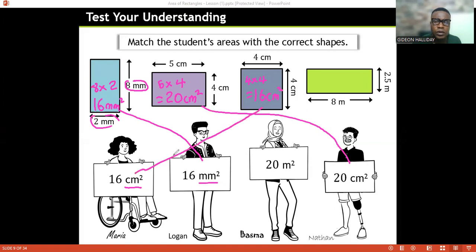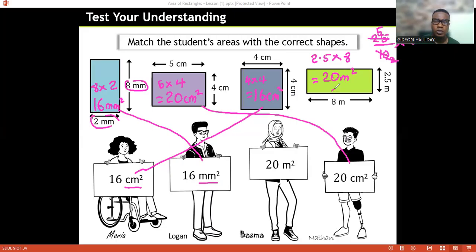And that's right here. And then we have 2.5 times 8. 2.5 is like 25 over 10, times 8. So 5 here 2, 5 here 5. 2 cancels 8 to give 4. So we have 5 times 4 left, and that's 20 meters square.